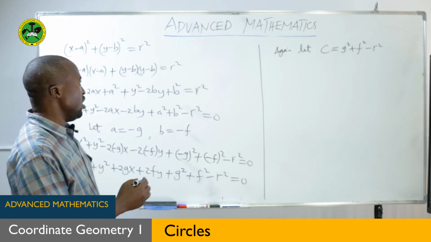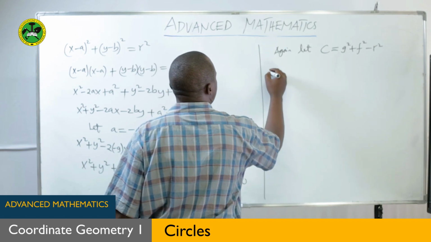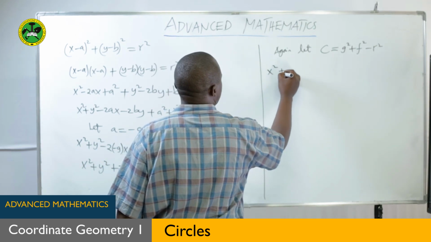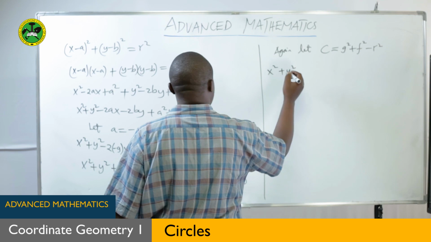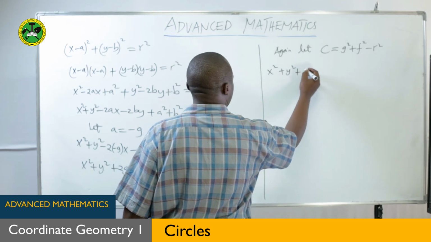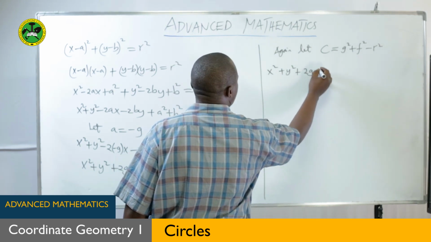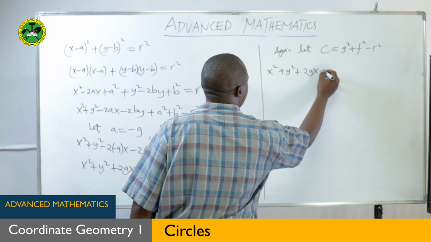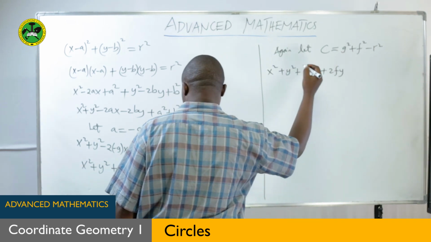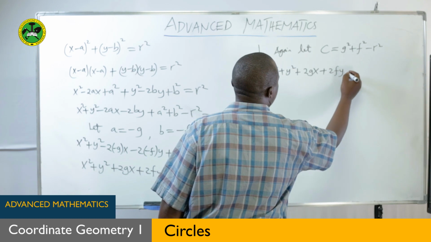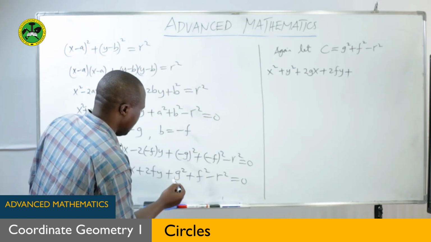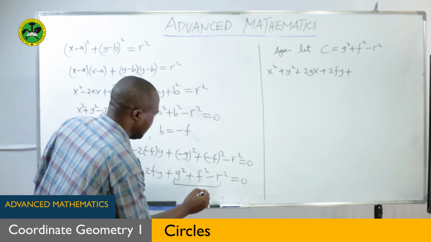So here we are going to have x squared plus y squared plus 2gx plus 2fy, then plus, this one will be represented by c.